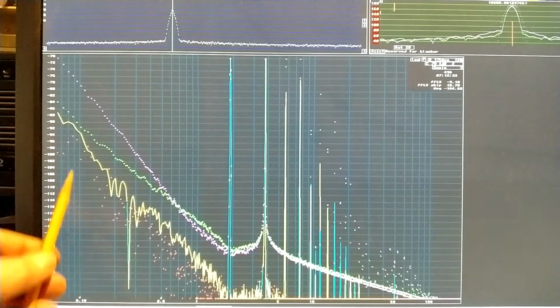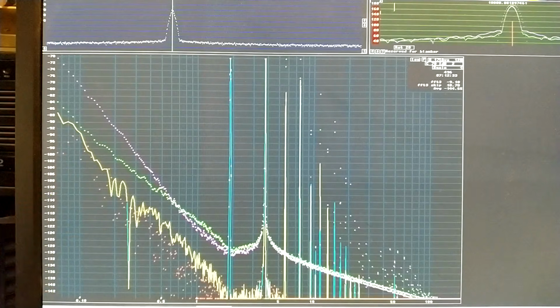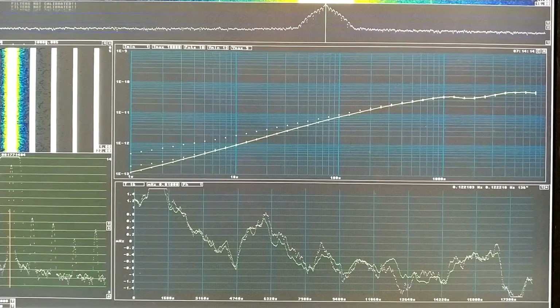And at 0.1 Hz, minus 93. So I see the same things here. And frequency versus time looks fairly ugly as compared to what I saw before I put the fan on.